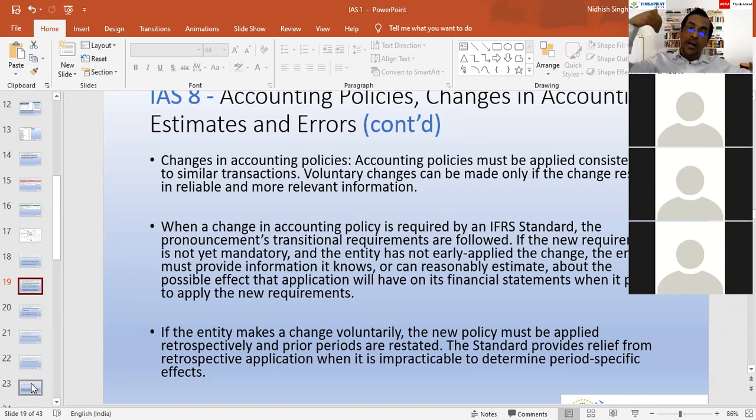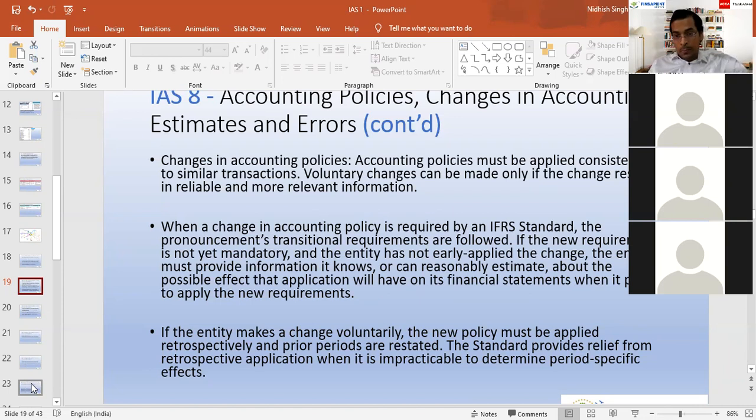Remember, it has to be applied retrospectively, to previous years as well. So the opening number of the last year's balance sheet will also change, and so could other statements, like the statement of changes in net assets. So we need to make those changes retrospectively.